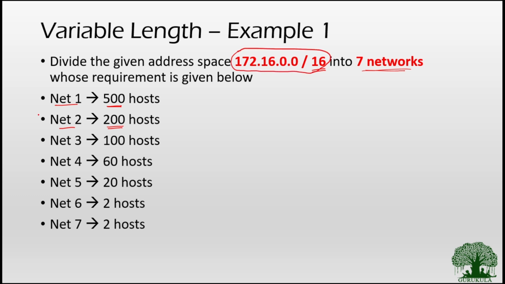So we will have to divide this one entire address space into 7 networks, and each network must have these particular requirements connected in it. Let us see how to perform this task step by step. Please pay kind attention from this particular slide.